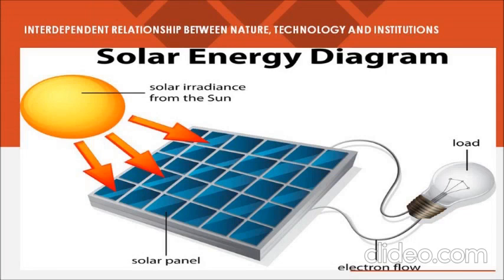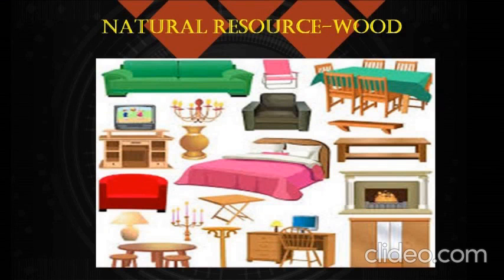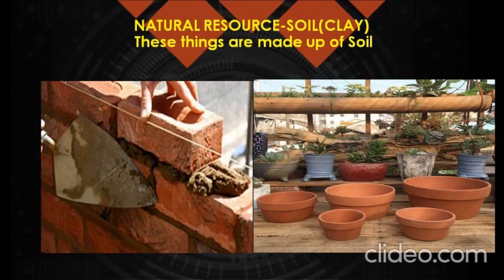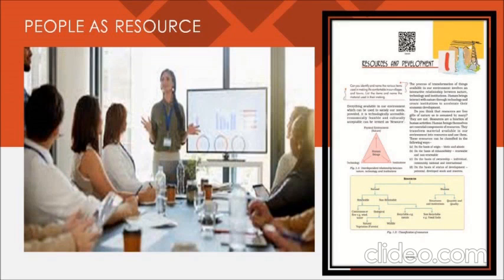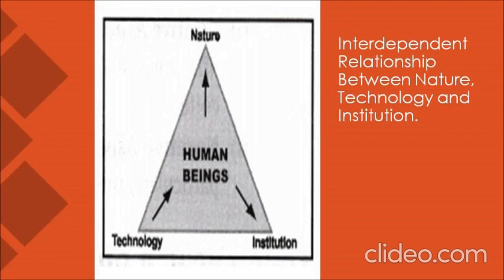Got my point? So children, in this manner you can take some other examples to explain that how these three things are interdependent. Okay, now the next is that how this institutions helps in accelerating the economic development of any country. Right? Now children, you can see this line, it is written over there in the right side, that the process of transformation of things available in our environment involves an interdependent relationship between these three, which is nature, technology, and institutions.